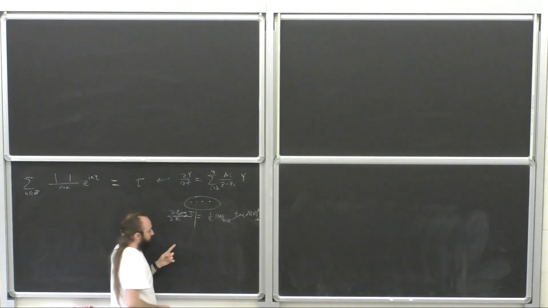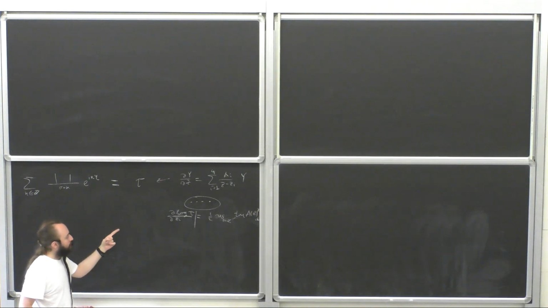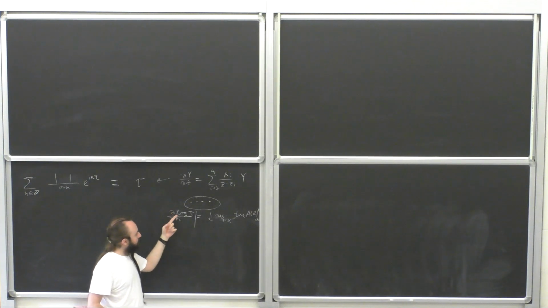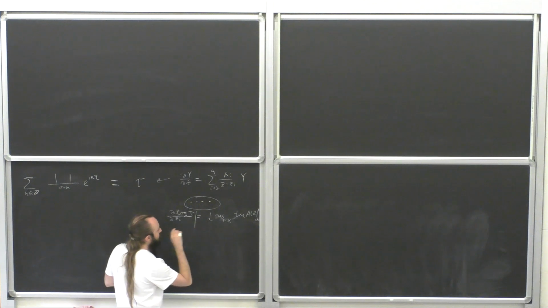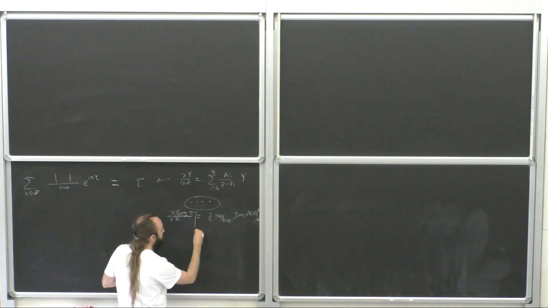This derivative is computed on the submanifold with fixed monodromies of this linear system.